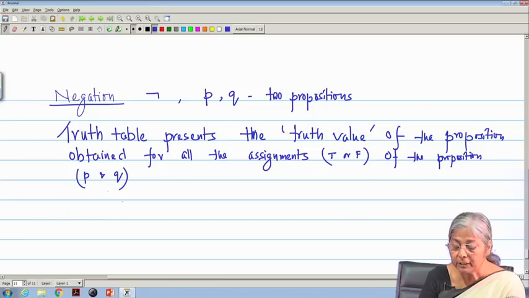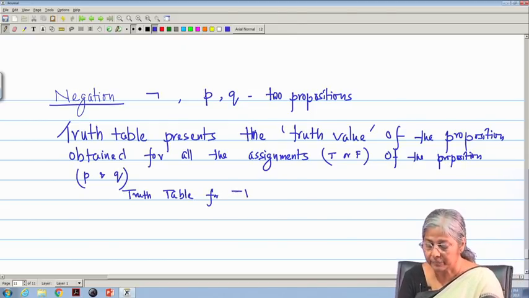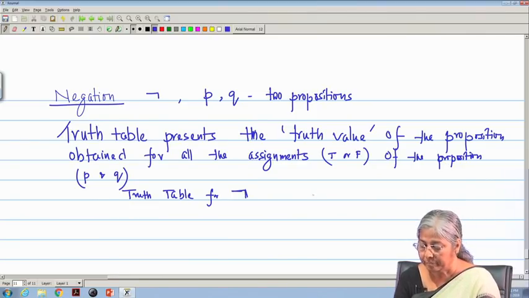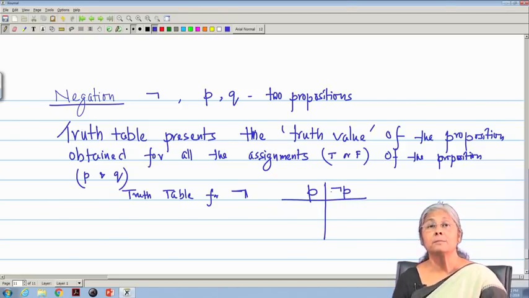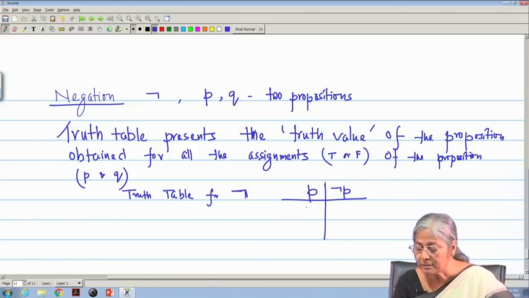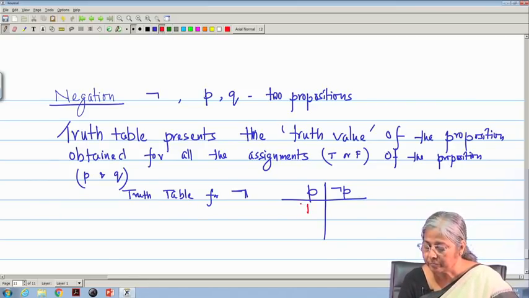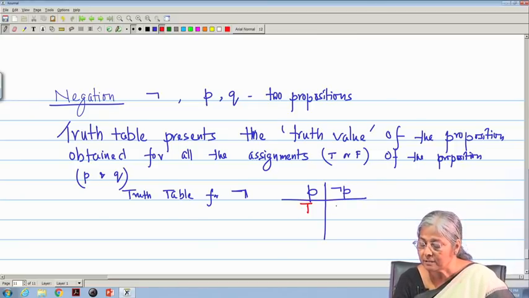So, the truth table for negation. I can write P, negation P. P can take only two values, either true or false. So, for all the assignments, I write true, then negation P is false.